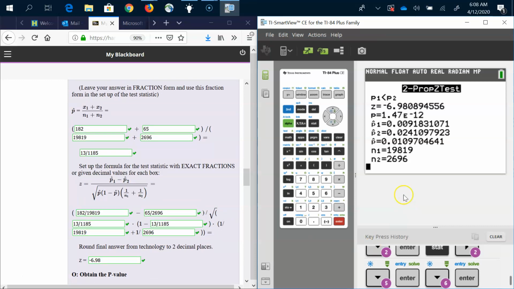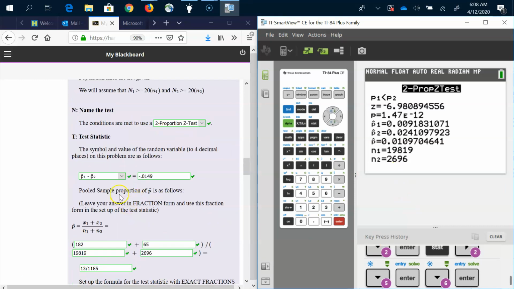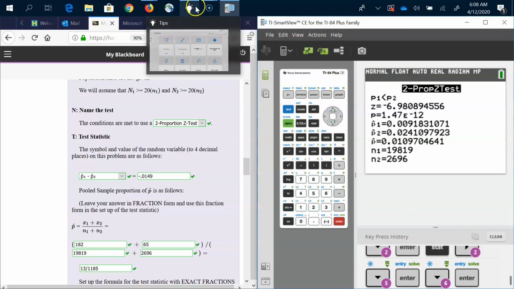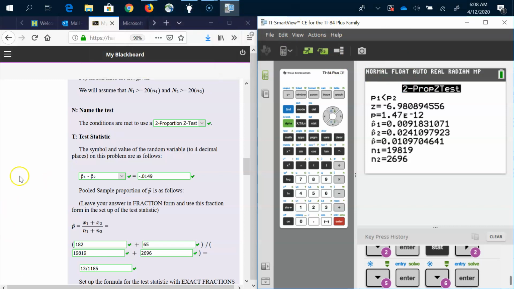Now I need to compute P1 hat minus P2 hat. Unfortunately, the calculator does not give me the difference here. So I'm going to copy that really quick.